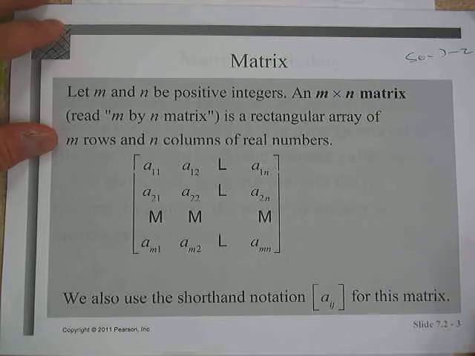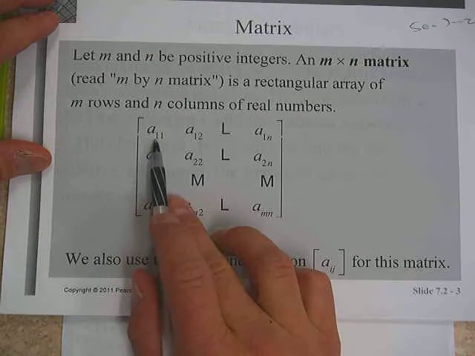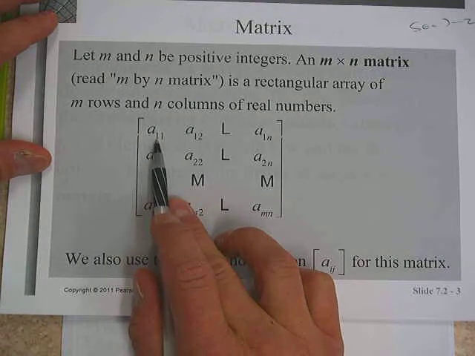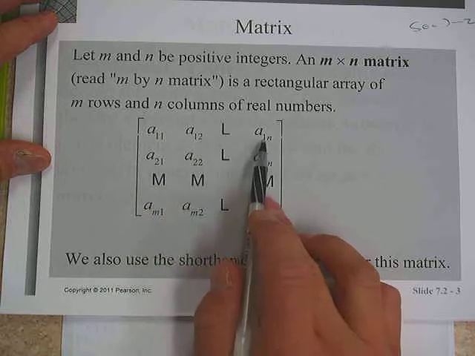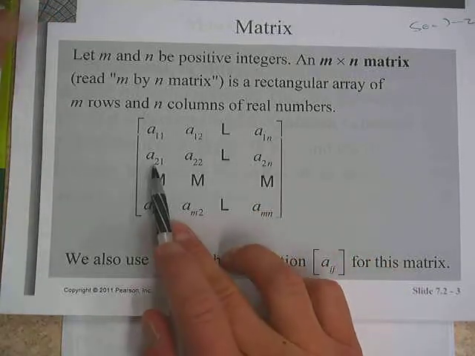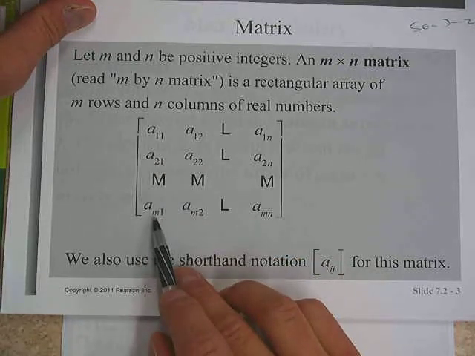The entries in the matrix are always going to be of the form row, column. So the little number here, it's not really an 11, it's really a 1, 1. It represents row 1, column 1, row 1, column 2, row 1, whatever column we end up in. If we're in the second row, then it's always going to start with 2: 2, 1, 2, 2, 2, 3, and so on.